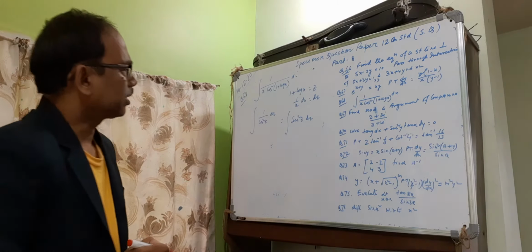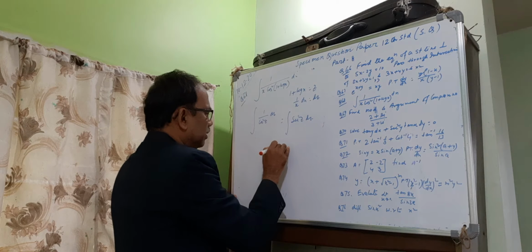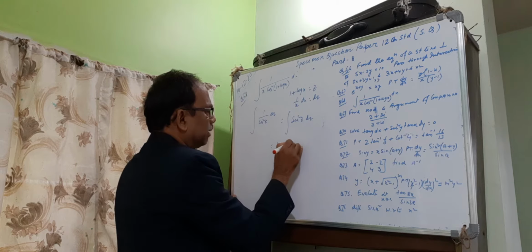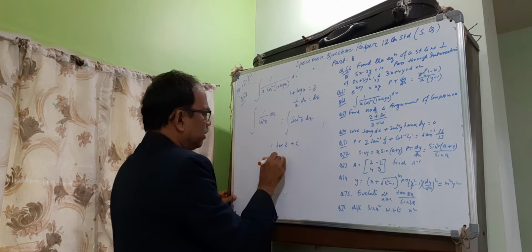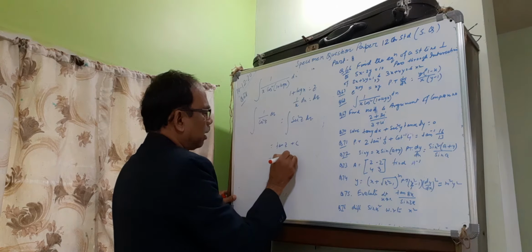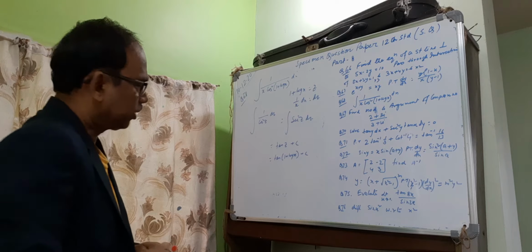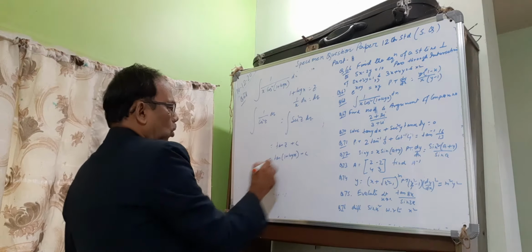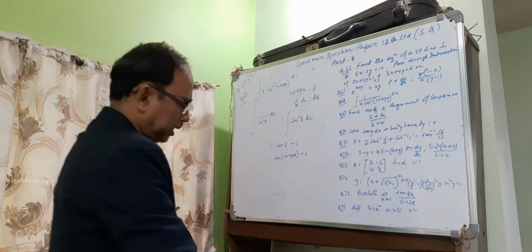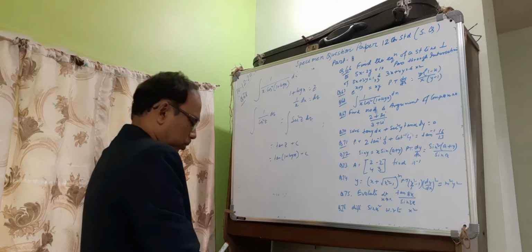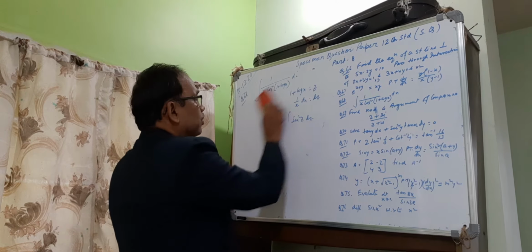Integration of sec square z is tan z, that is tan z plus c. What is z? z is 1 plus log x. So the integration is tan of 1 plus log x plus c, where c is an arbitrary constant. Next, sum number 69.